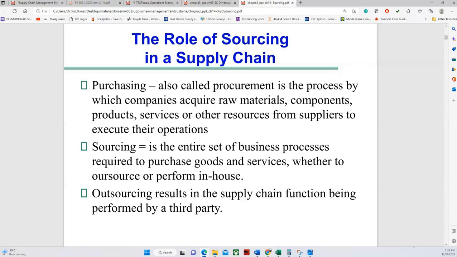The con is you have to pay a little bit more because you ask somebody to do that process for you. But there is always what we call a trade-off, which is whatever is most favorable for the company. So that depends on the decision of the company. That's what we call outsourcing.